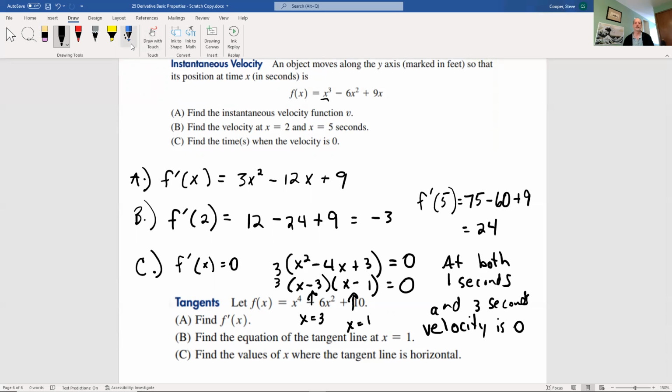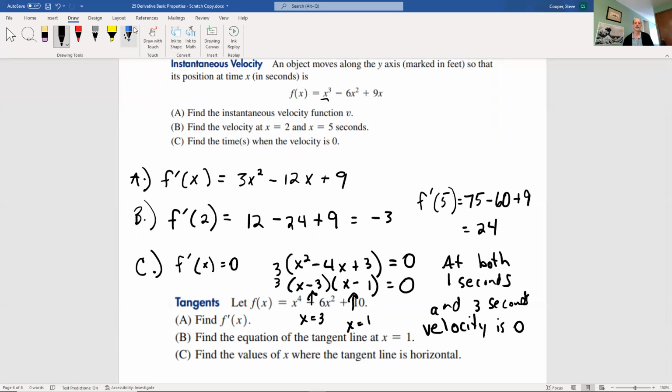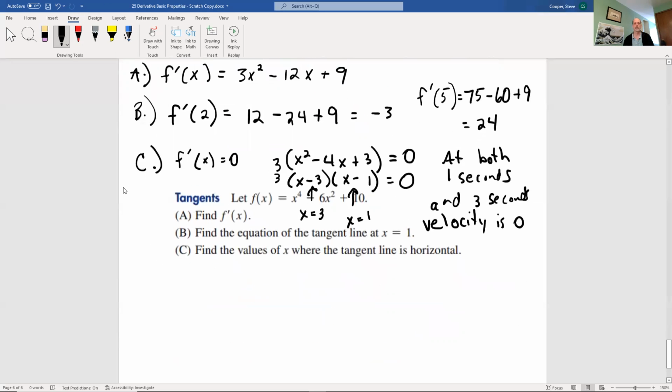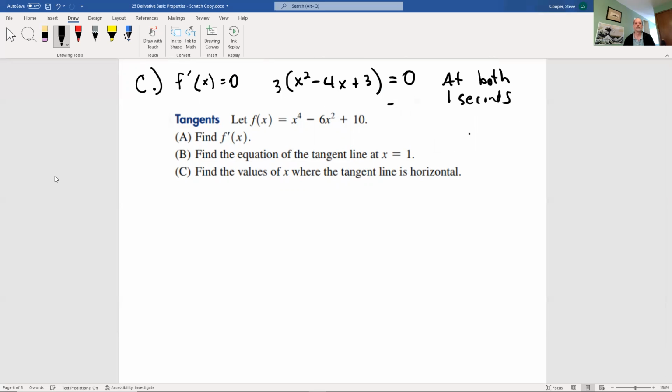Let's see. Kind of obscured my next example. I think this is the last one. Yeah, last application. So let me erase this business. Okay, so tangents, it's basically the same thing.